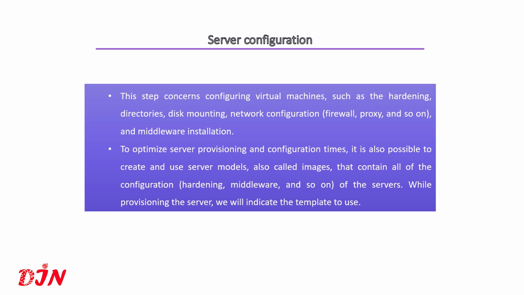It's also possible to create and use server models, also called images, that contain all of the configuration of the servers. While provisioning the server, we will indicate the template to use. So in a few minutes, we will have a server that's configured and ready to be used. There are also many infrastructure as code tools for creating server templates, such as Aminator and HashiCorp Packer.